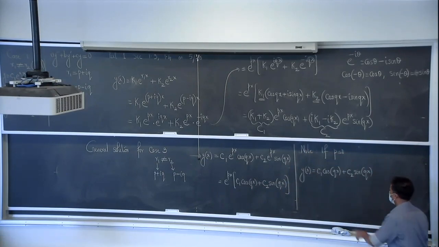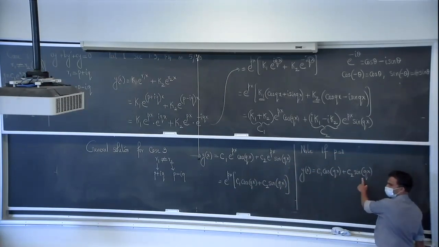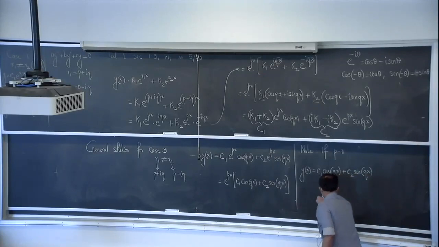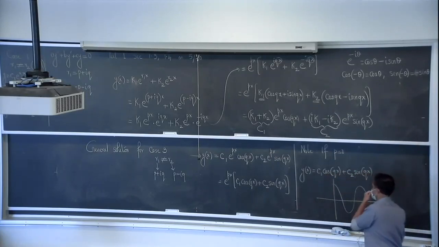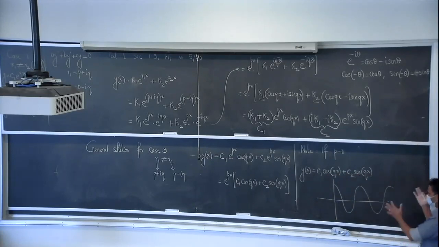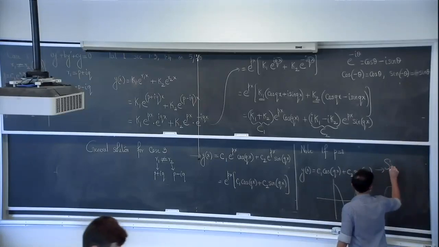This is oscillatory, this is oscillatory. What you have is then a function that looks like this. Remember the graph of sine and cosine, they kind of superimpose on each other and give you a net oscillatory function like this. This is what you call a simple harmonic motion.